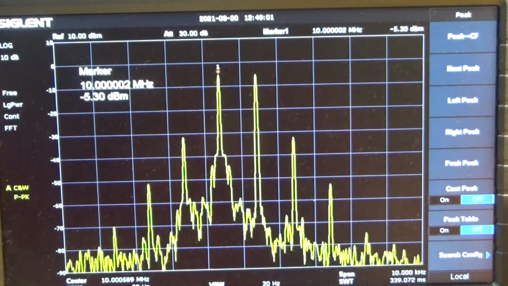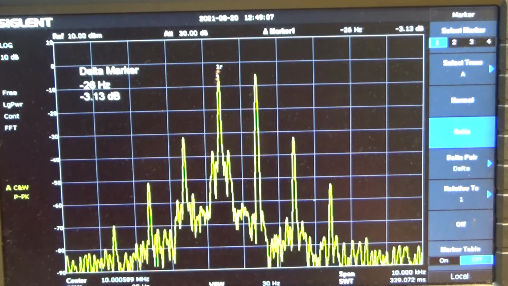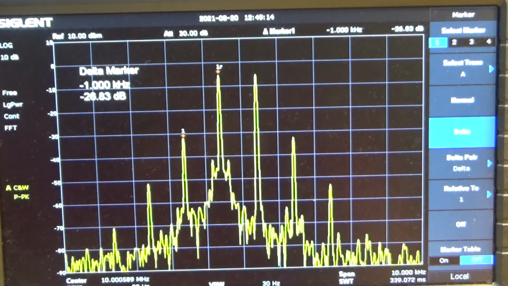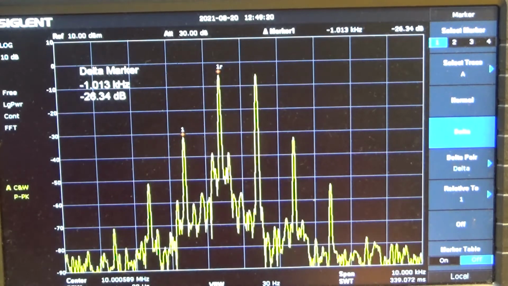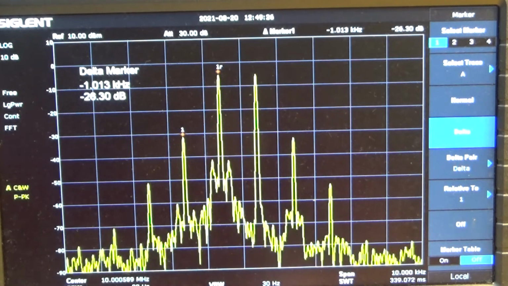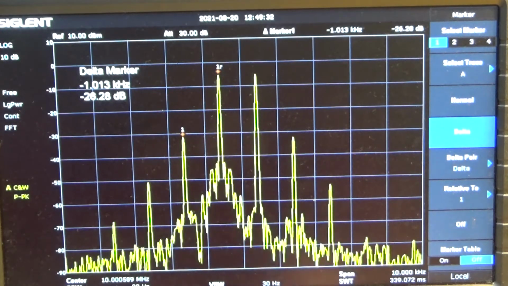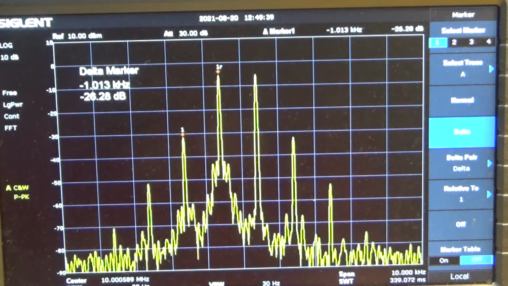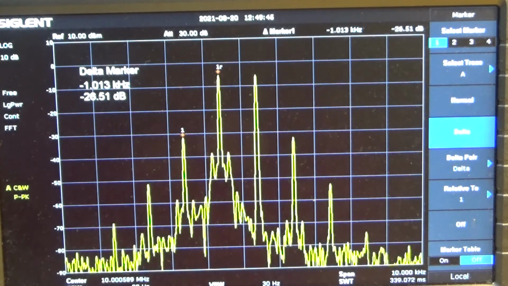So peak on that one, and so with 50 milliamps current draw on the amplifier, the intermodulation products, or the worst ones anyway, are only minus 26 dB down, and 26, 36, 37, 38, 39, 40, so that's 16 dBs worse than when it was drawing 150 milliamps.